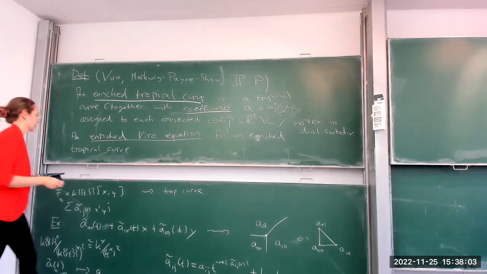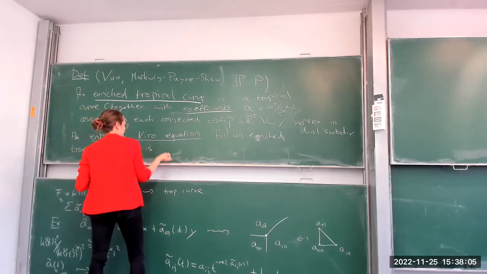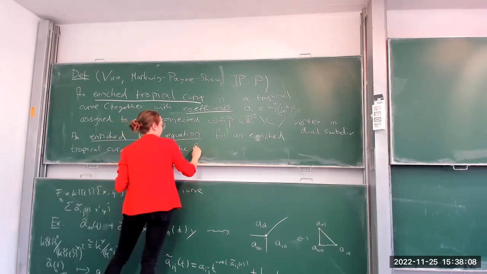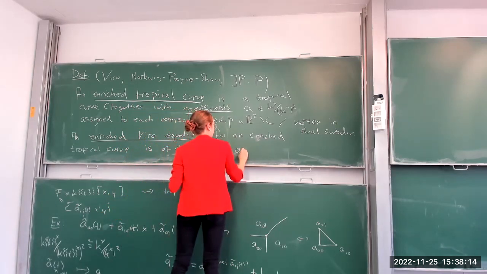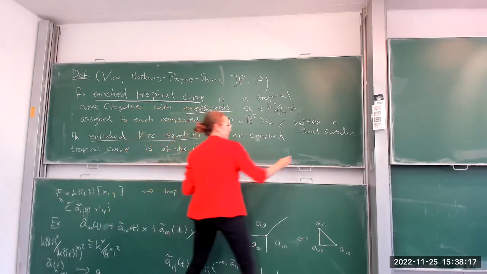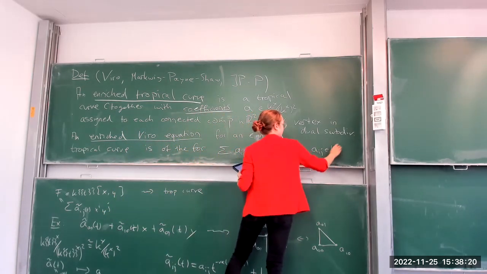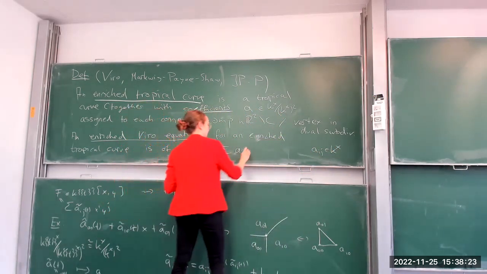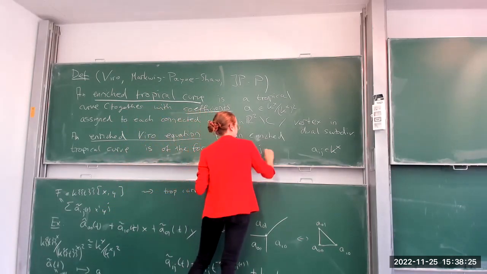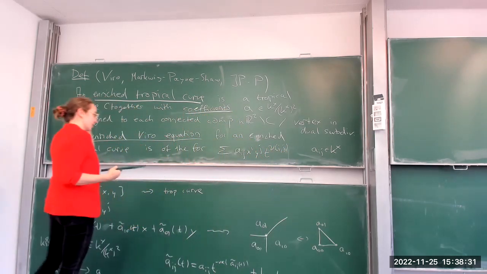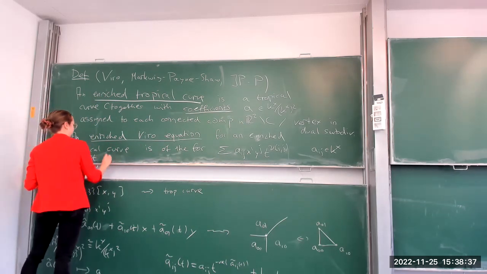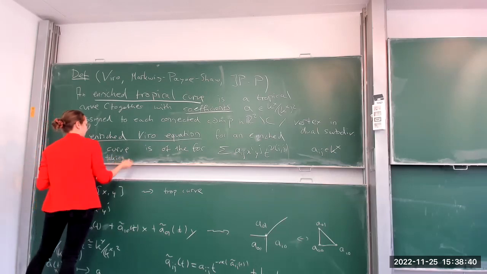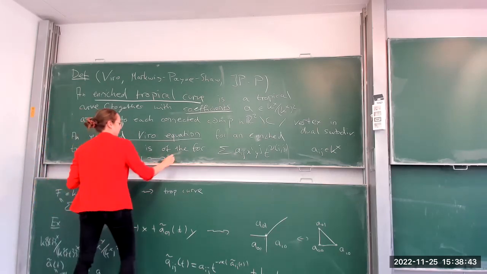It is of the following form. We have a polynomial with coefficients aij. These are now not really elements here, just in k, units of k, times x to the i, y to the j, t to the exponent, such that if I take the valuation, this valuation gives me back the enriched tropical curve.